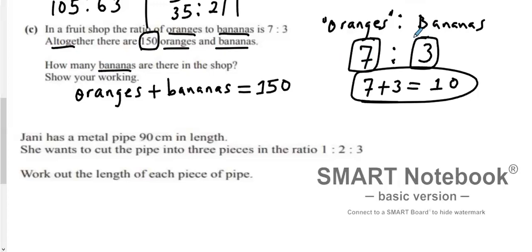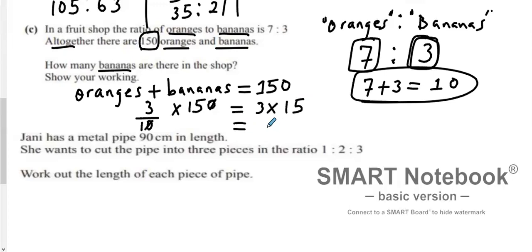So you take this 3, which is meant for bananas, out of this total ratio, which is 10, then you multiply by the total number of fruits, 150, and then you simplify. Cut this 0 by that 0, you get 3 times 15, and the answer is 45.